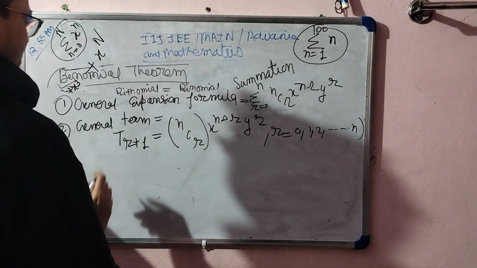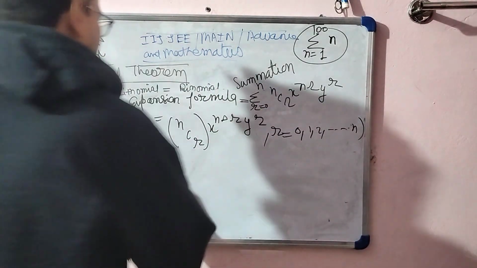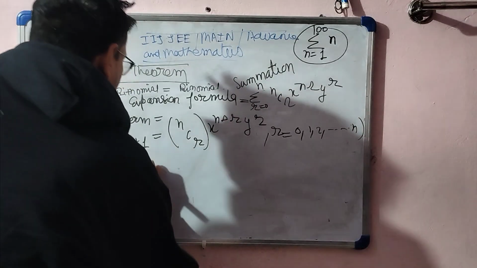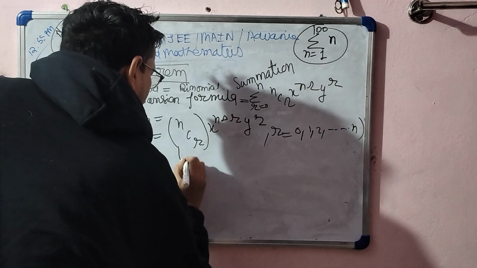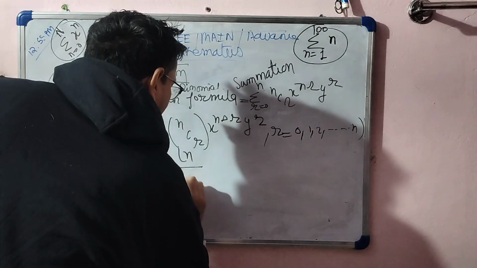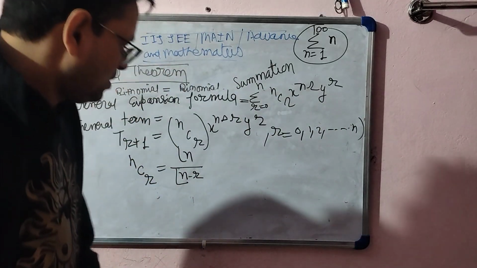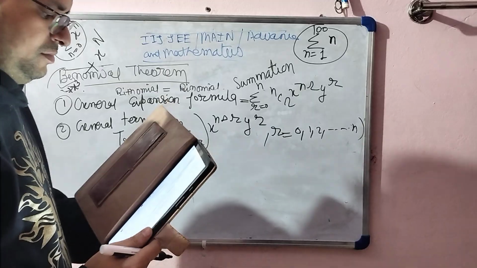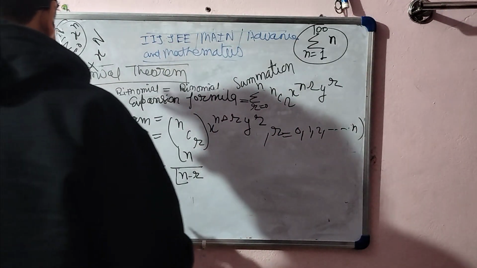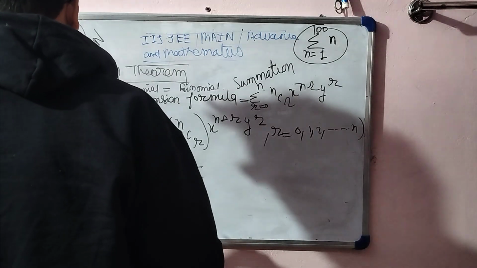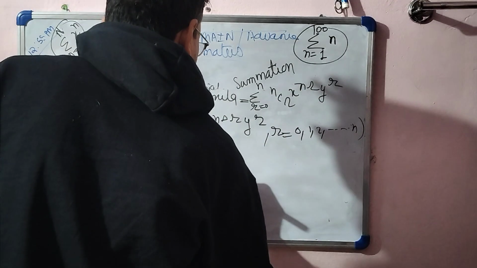Then what is nCr? nCr means factorial n upon factorial n minus r, into 1 upon factorial r.